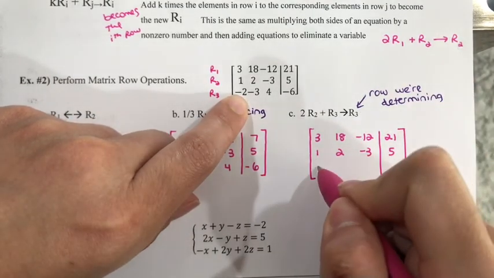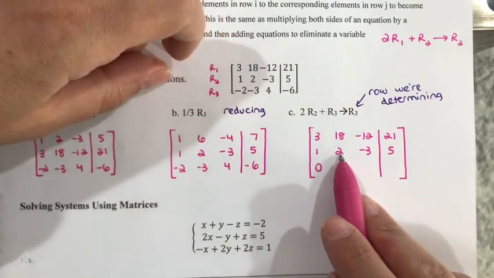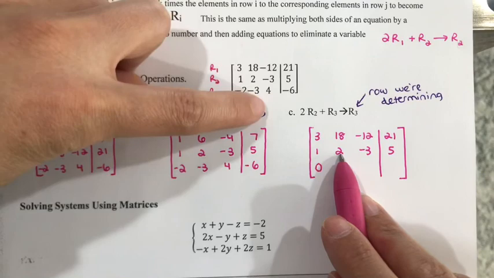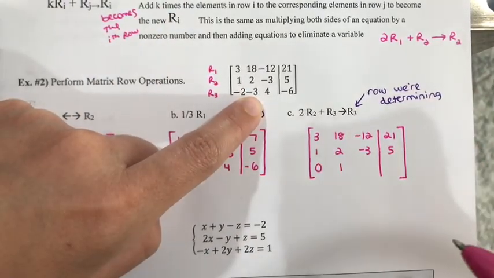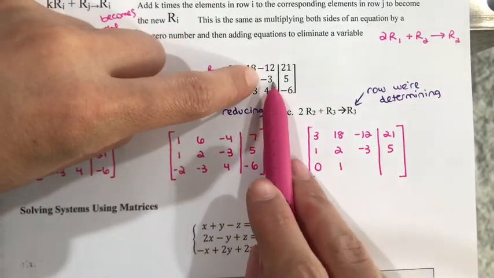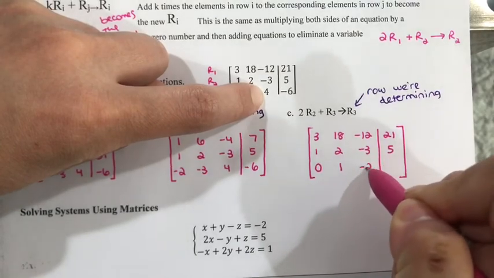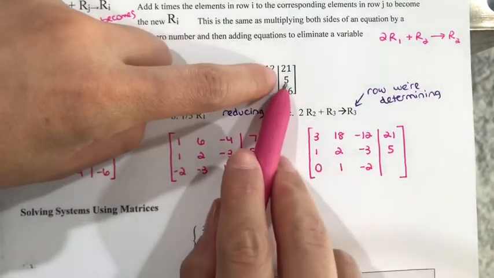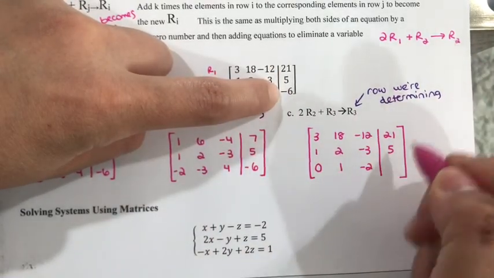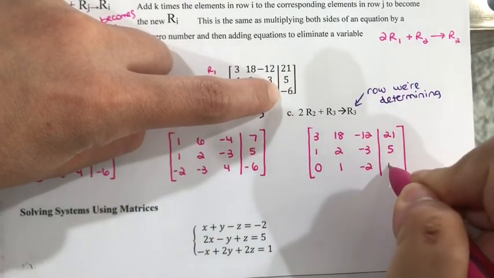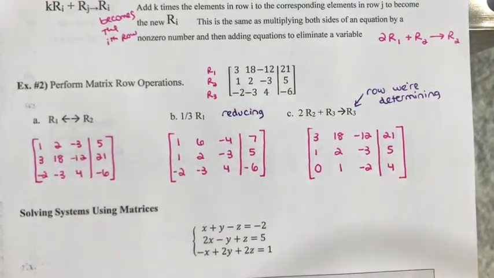So that would give me 0. Next, 2 times this number is 4. Add it to this value, and I get 1. 2 times this is -6, plus 4 is -2. 2 times 5 is 10. Add it to -6 is 4. And that would be our final augmented matrix.